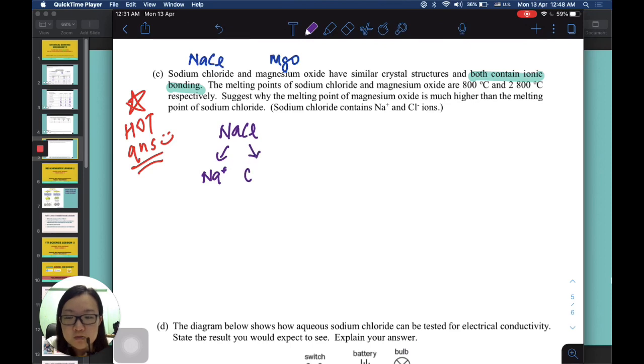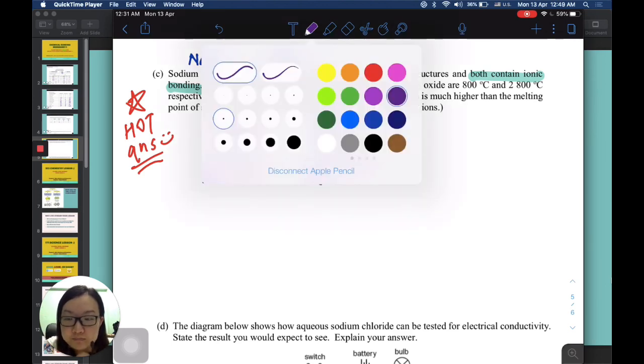So if we look at sodium chloride, we break it down again to the two components. It is Na+ and Cl-, and then magnesium oxide is made up of Mg2+ and O2-. So the ions make up the ionic compound.